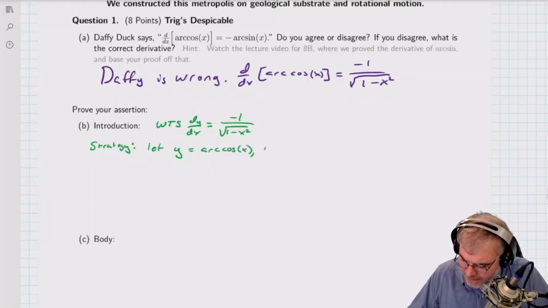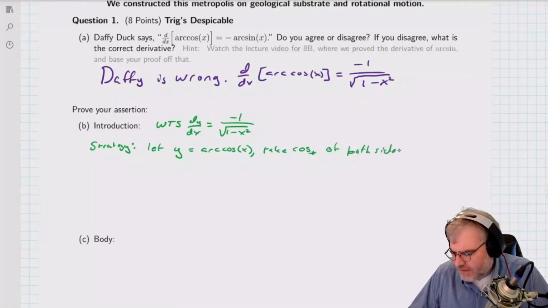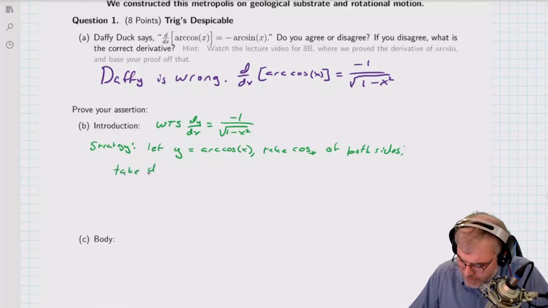So take cosine star of both sides. Take the derivative in terms of x, Dx of both sides. And then use the triangle trick.